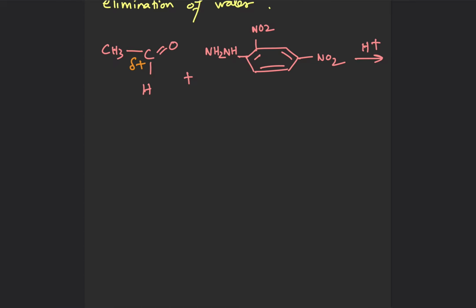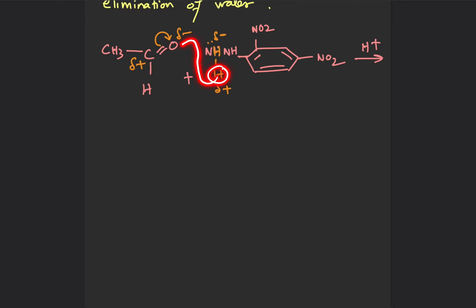Here the carbon has a partial positive charge because the carbonyl oxygen takes away the electrons, so it is partial negative. I can separate this hydrogen from NH2 to show that this hydrogen is positive and this nitrogen has a lone pair, so it has a negative charge. Look at the arrows.